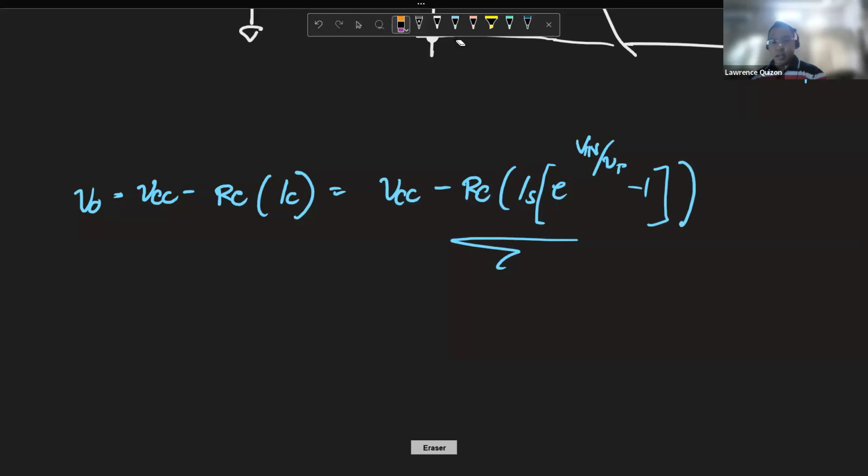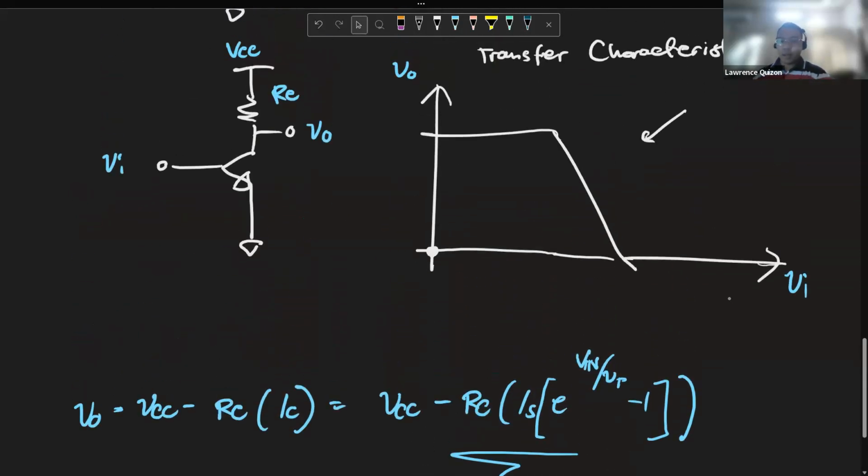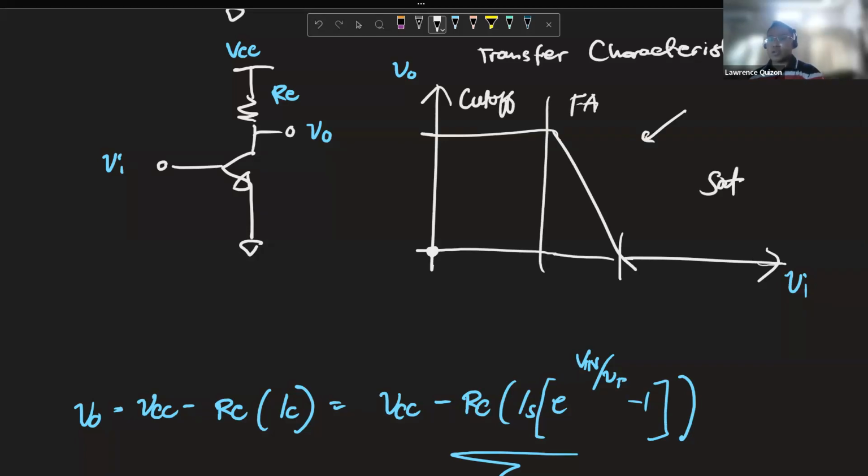Tapos, okay, can anyone identify what assumption we had for this? The assumption is forward active. Kailangan forward active para magamit natin tong exponential equation na to, di ba? So anyway, this thing models what this part looks like. Kasi cut off to, FA to, saturation to, di ba?